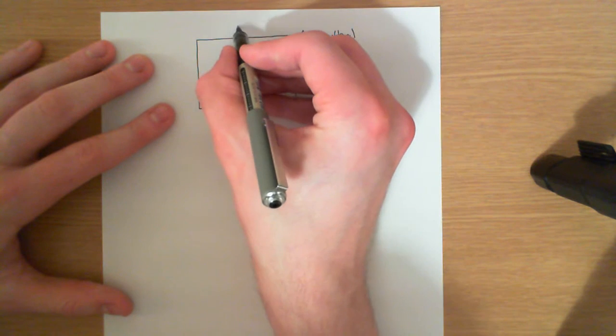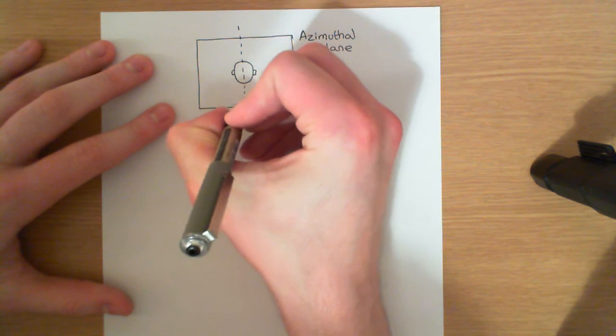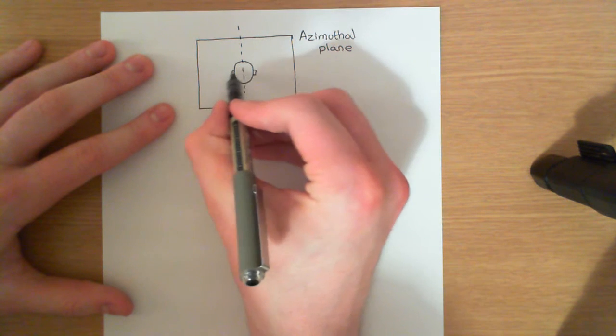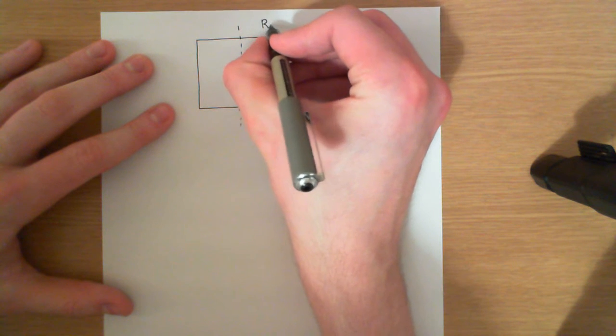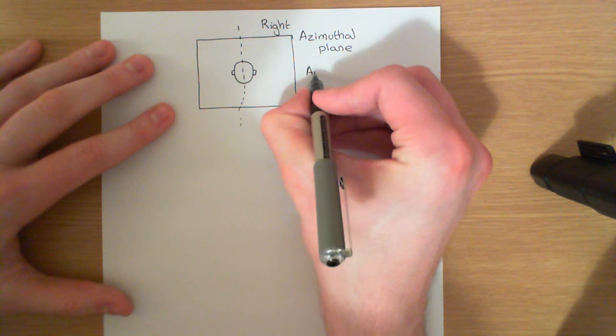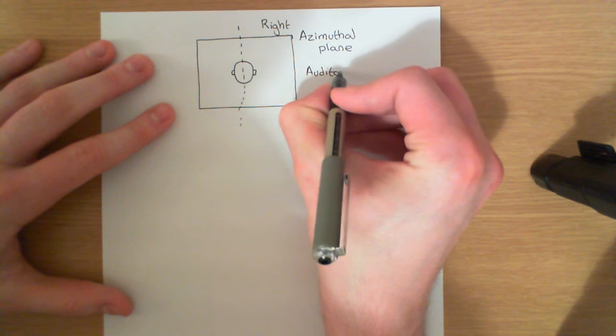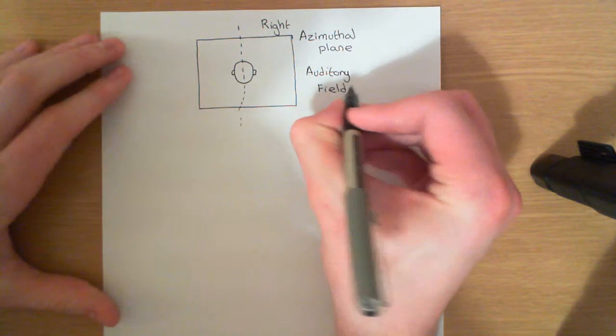Now, here's the important information. We can divide space up into two halves then, with respect to which ear is closer. So this side is going to be what we will call the right auditory field. So this is the concept of an auditory field. Okay? Space where auditory stimuli can come from.